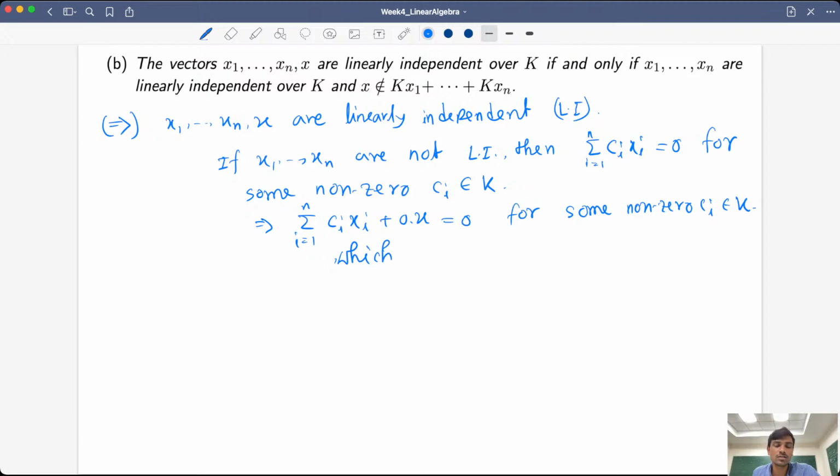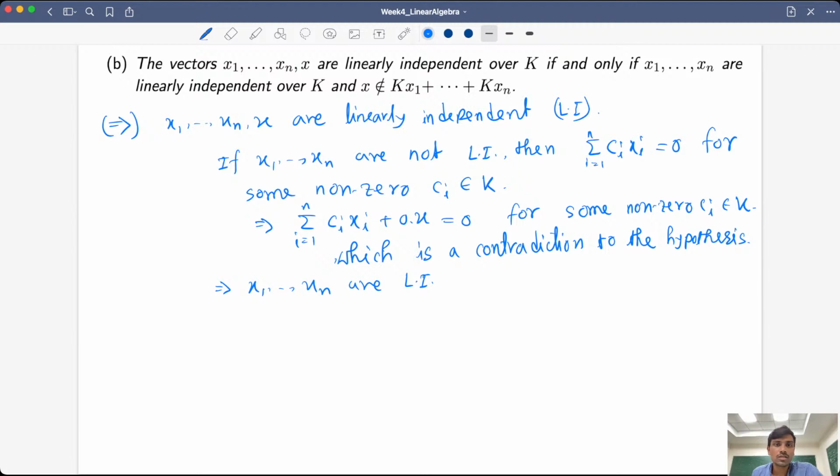So any linear relation you consider can only be 0 if all the coefficients are 0, which is a contradiction to the hypothesis. Fine. So this implies your x1, x2, ..., xn are linearly independent.